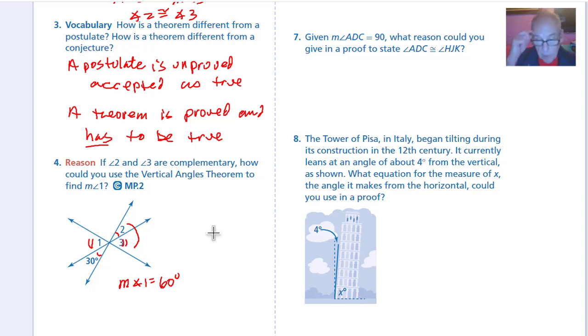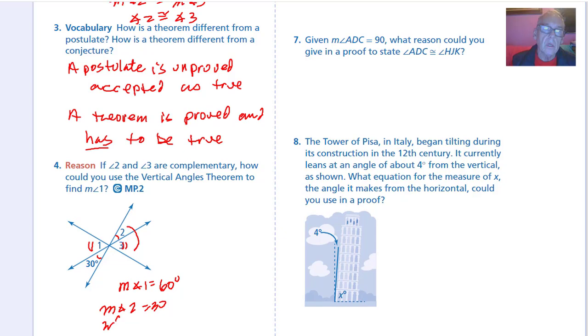So that's basically how we could use the vertical angle theorem. The measure of angle 2 equals 30. Measure angle 1 plus 30 degrees equals 90.